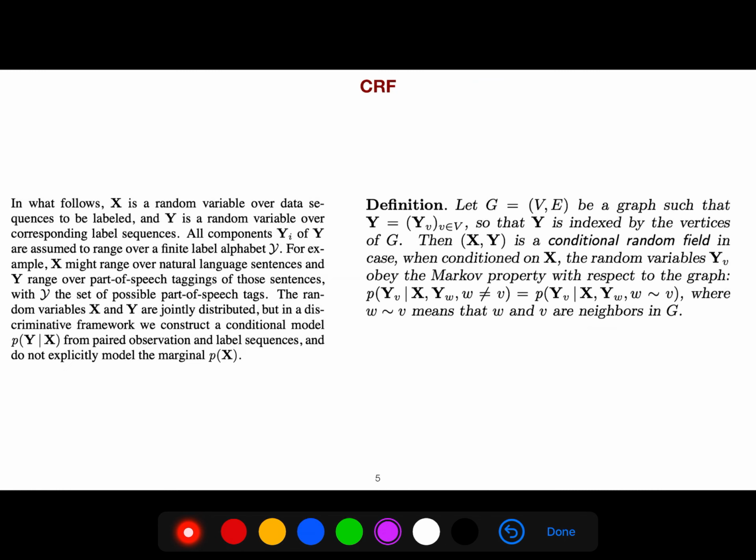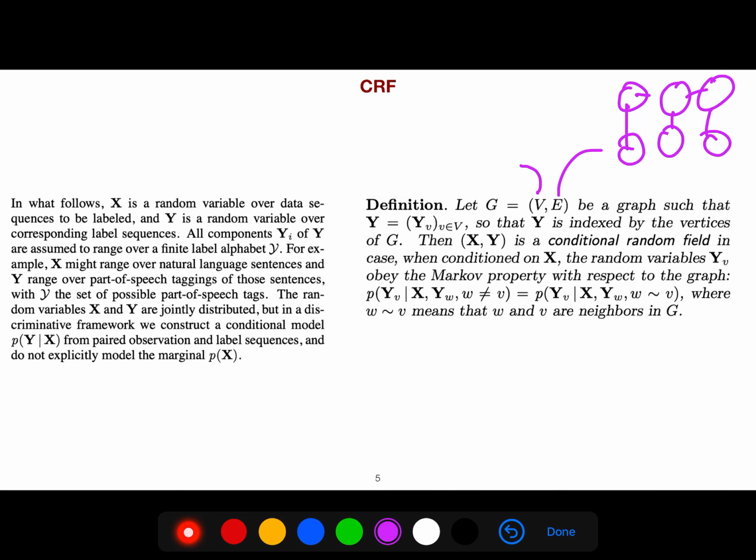For example, we have a graph, we have vertices and edges, and y is indexed by the vertices of G. And so x and y form a conditional random field in case, when conditioned on x, the random variables obey the Markov property.